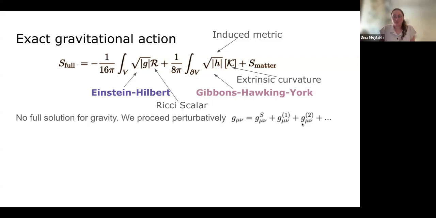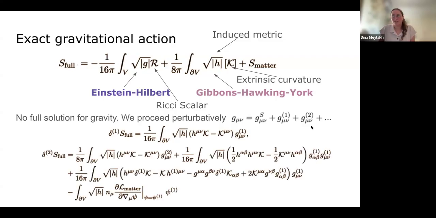And instead of plugging it into the full action, we perturb the full action around the Schwarzschild black hole. We vary the action the first time, and we get this nice expression. Unfortunately, that's not sufficient for our needs, so we have to vary it again, and we get this now impressive expression. And this is sufficient for our needs.